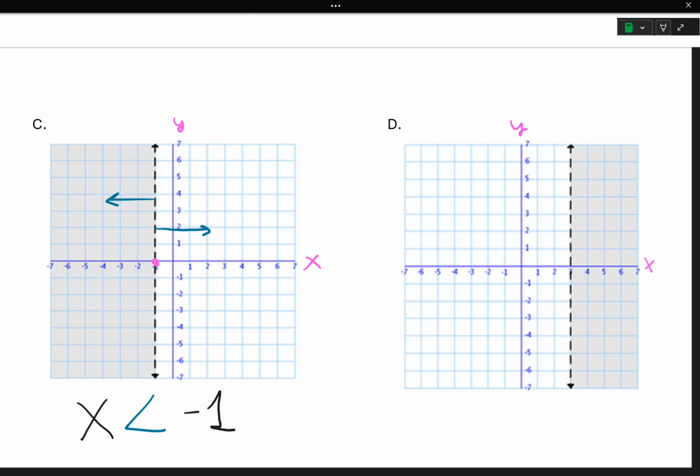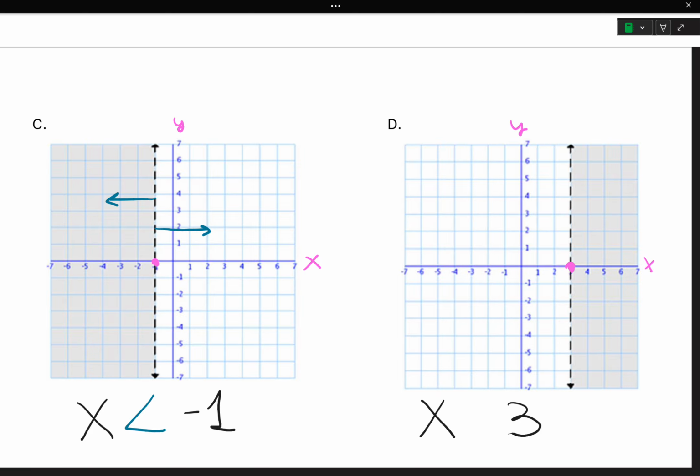Letter D. It's another line that's going up and down. Is it crossing the x or y axis? It's crossing the x-axis, so it has something to do with the x. It's crossing the x at 3, so there's some sort of relationship between x and 3. Let's decide where it's shaded.